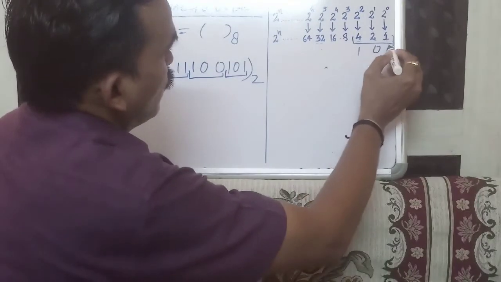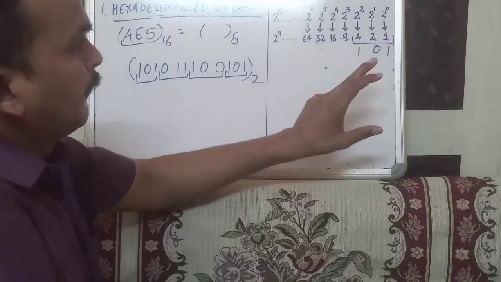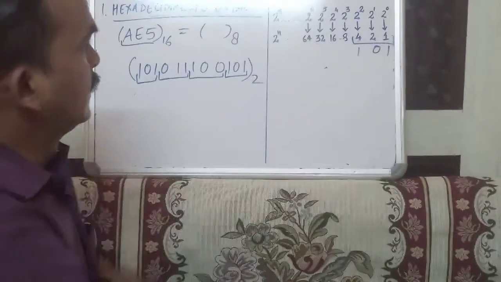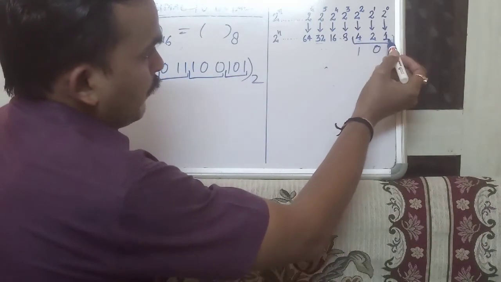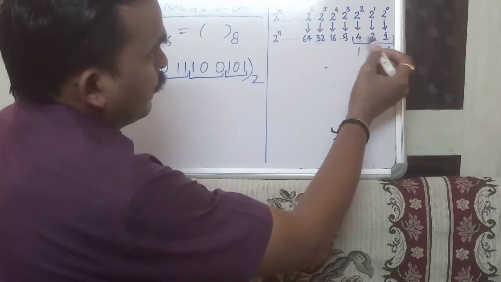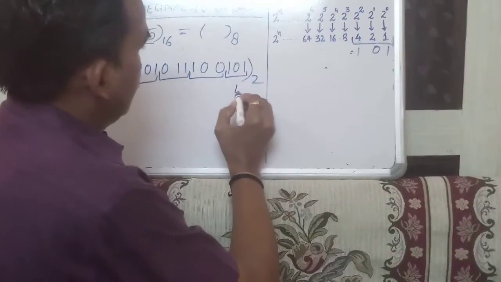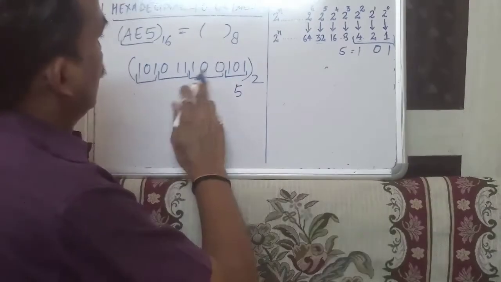So 101, and we have discussed earlier that we will add those numbers which occupy the value of 1. So here 4 and 1 occupied the 1, that's why we will add 4 and 1. So 4 plus 1 equals 5. So we will write here 5. Second is 100.